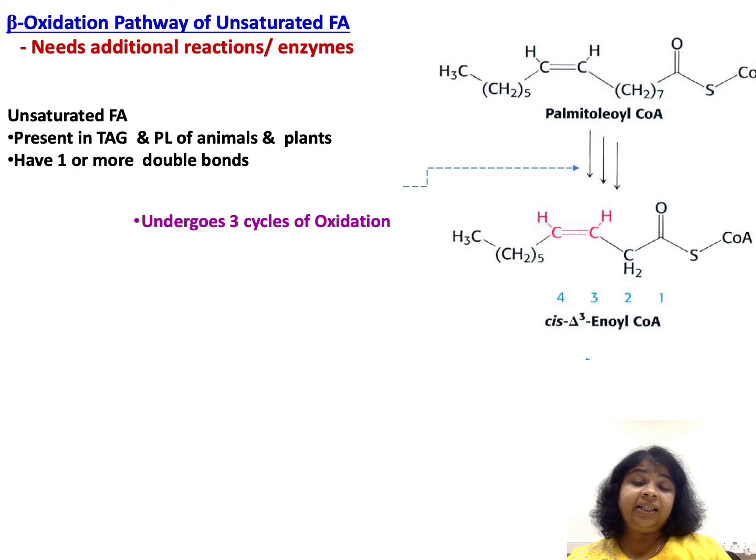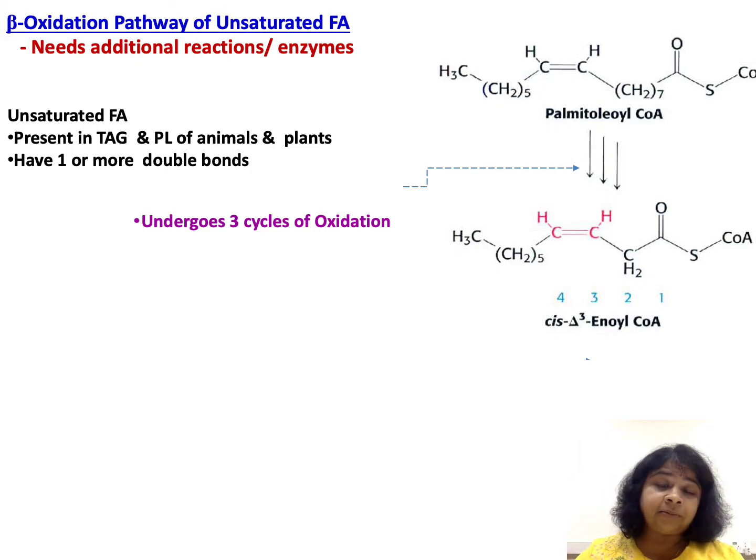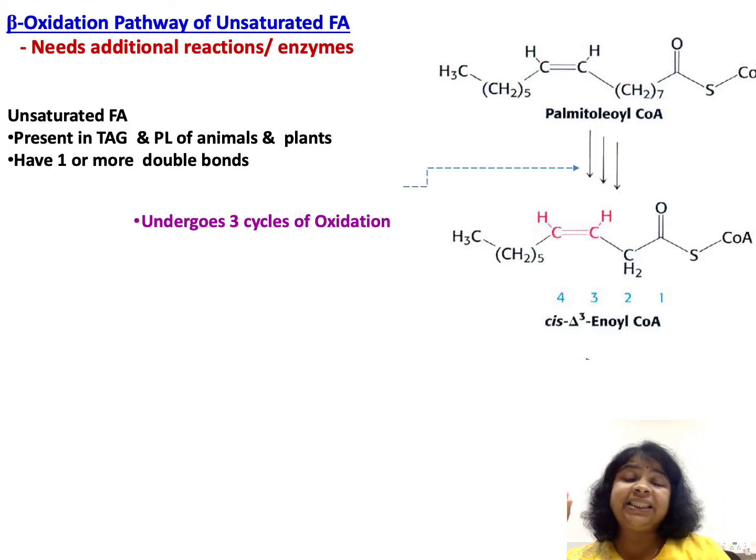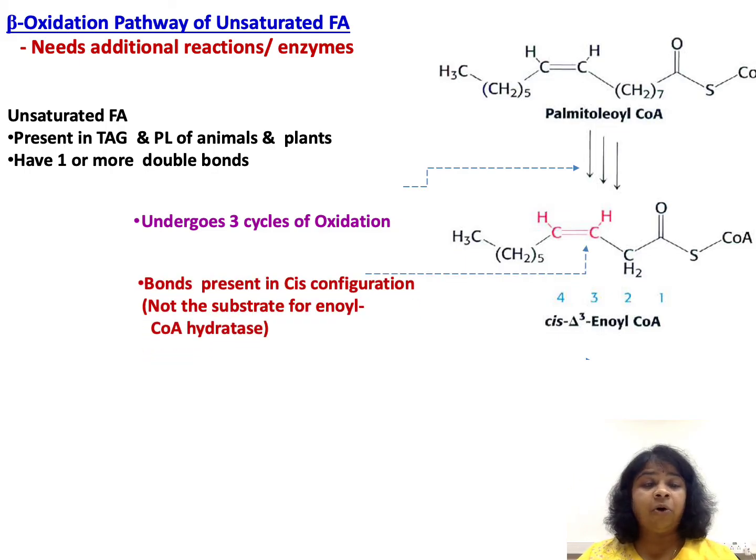So, we have seen that in beta oxidation, if it is trans delta 2 enoyl CoA, the beta oxidation proper can happen, whereas these enzymes will be specific to the type of bond. Cis or trans, they will not work if it is different. So, we need to convert this cis to a trans double bond.